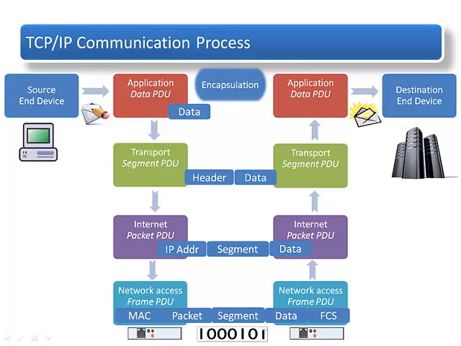This layer encapsulates the segment by adding IP addresses, both source and destination, into a new header to create a packet. After the packet is created, it is sent down to the network access layer where physical addresses are stamped into a new header. An error detection field is placed into a trailer that follows the packet to produce what we call a frame. This frame is then transmitted across the medium until it finally reaches its destination, another end device.